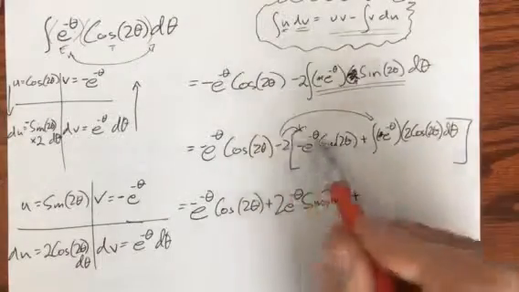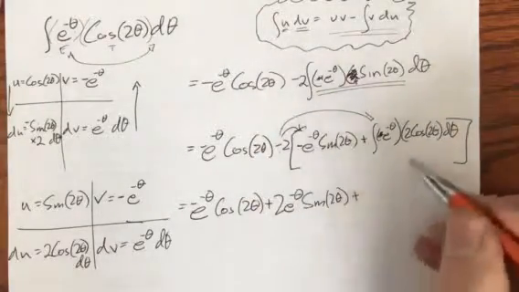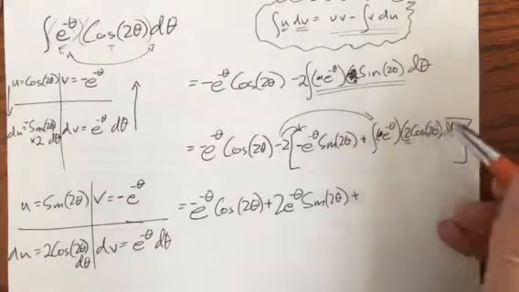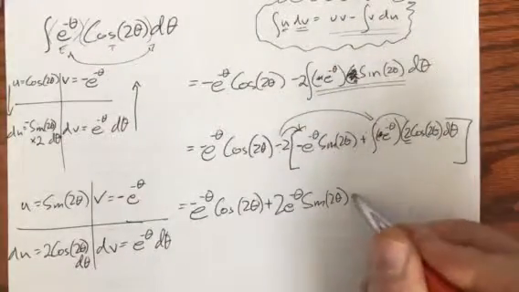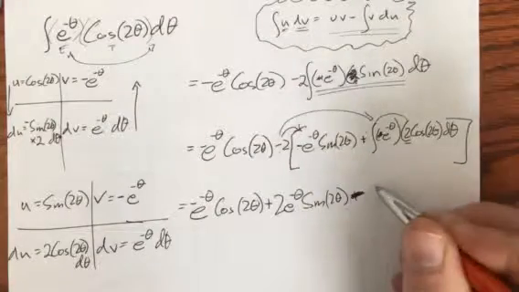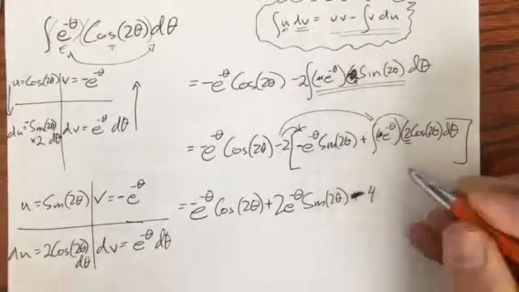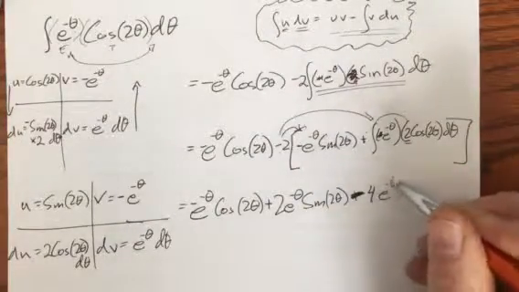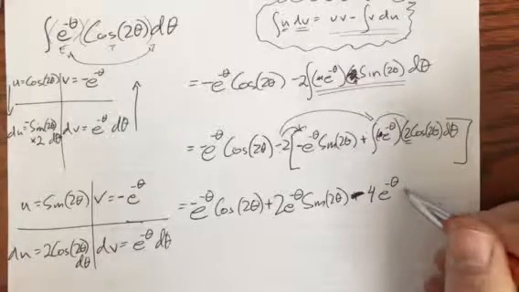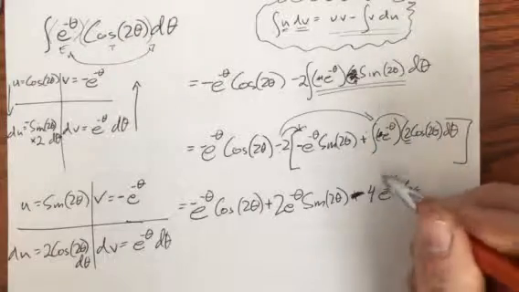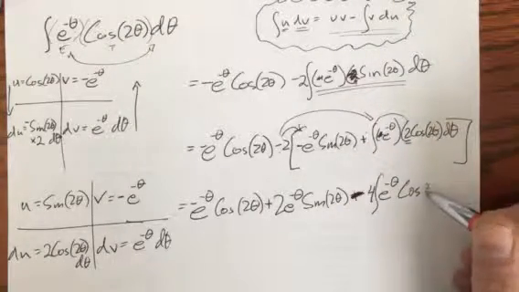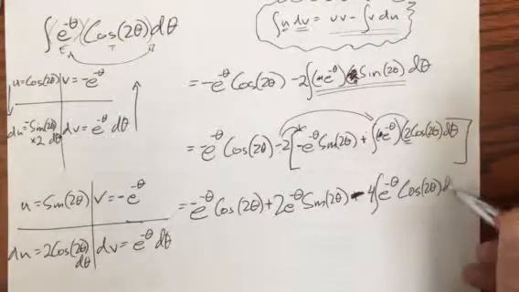Plus then, when I bring in the minus, this 2 right here I'll bring outside and multiply by the minus 2, so that's going to be minus 4 times the integral of e to the minus theta cosine of 2 theta d theta.